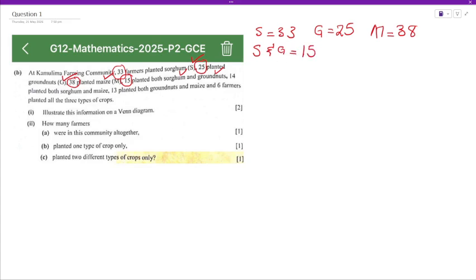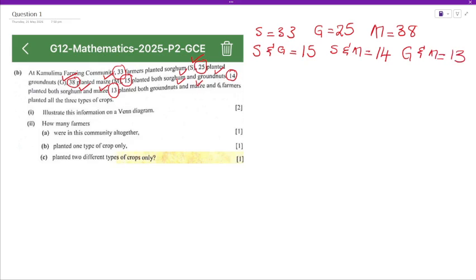Then we're told 14 planted both sorghum and maize, S and M. So S and M, we get 14. And then 13 planted groundnuts and maize, that is G and M, we get 13.